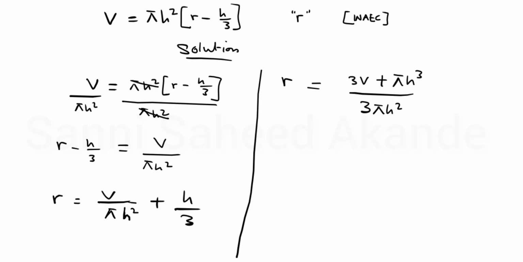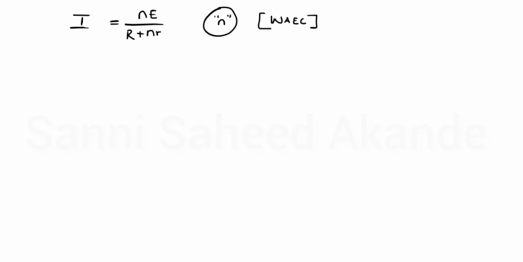We have this question again, and we want to make n the subject of formula in this question. It's also a WAEC question. Solution. Okay, so the question is I equal to nE divided by R plus nr. So let's cross multiply here.